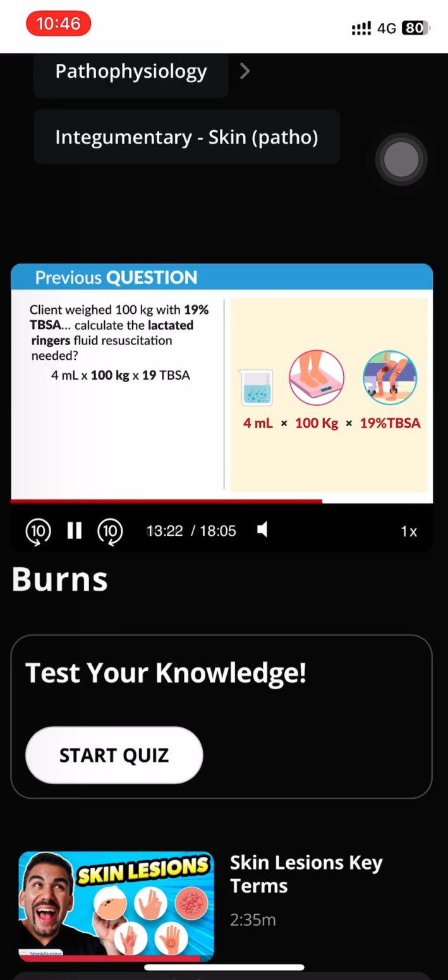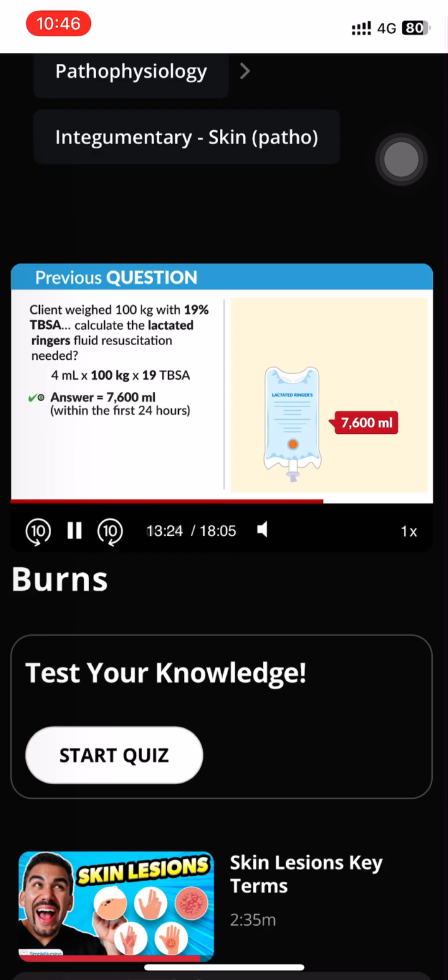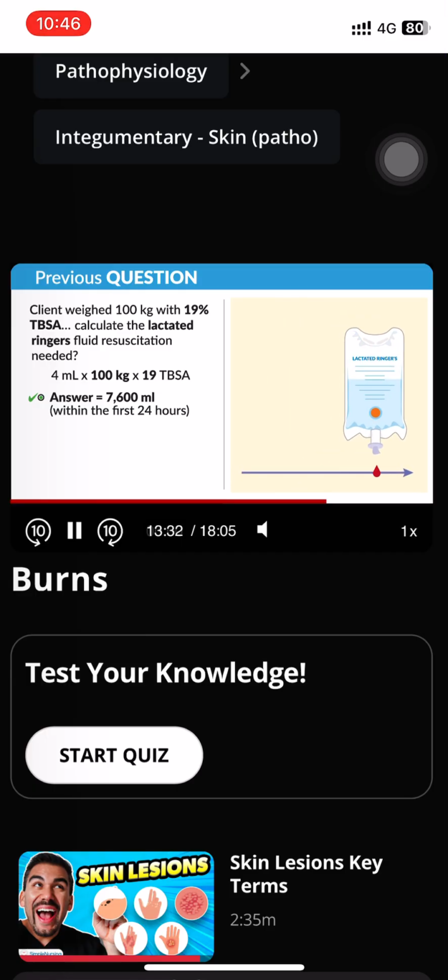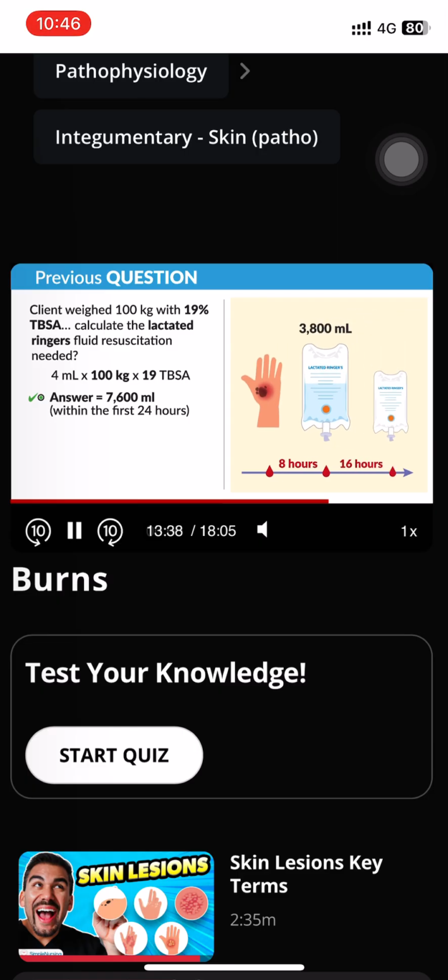You take those bad boys, multiply them together, and the answer is 7,600 milliliters within the first 24 hours. Now, we give the first half of fluid in the first 8 hours of the incident, so around 3,800 mLs, and the remaining fluid we deliver over the next 16 hours, another 3,800 mLs. But again, I wouldn't focus on this too much for the NCLEX. This is mostly used for your nursing exams.